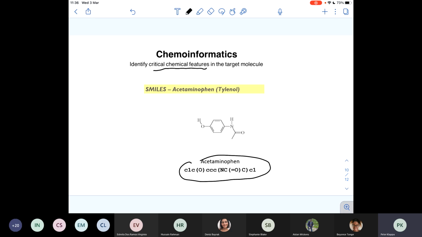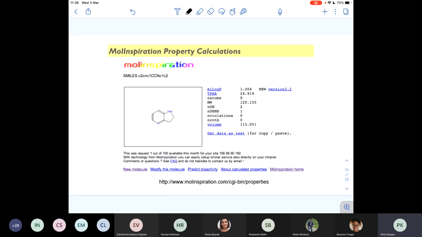You can store it, and then you can search this database. And again, you can check what the chemical properties are of these potential interesting compounds.